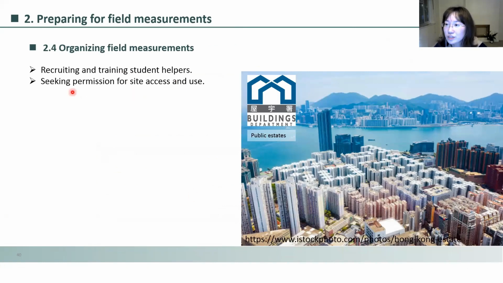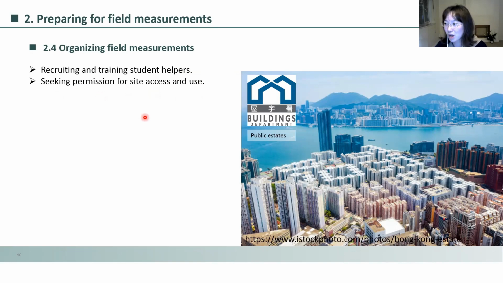The other two points are about recruiting and training student helpers. It will take some time, and you need to seek permission for site access and use. Asking for permission, I think this is a very important thing. I can tell you a story. That is a sad story from my colleague.